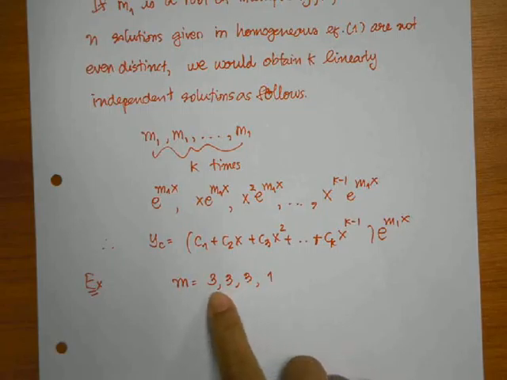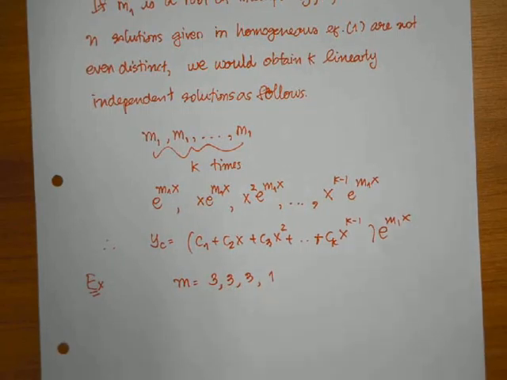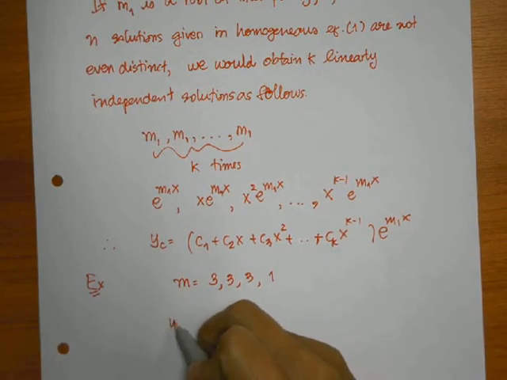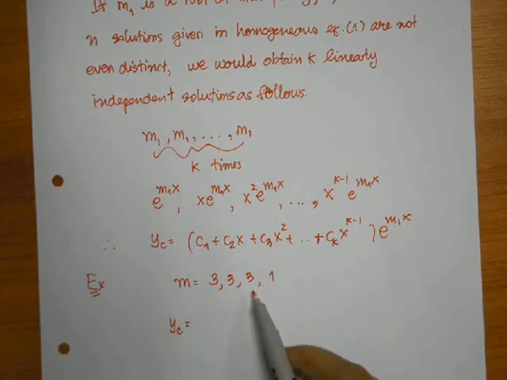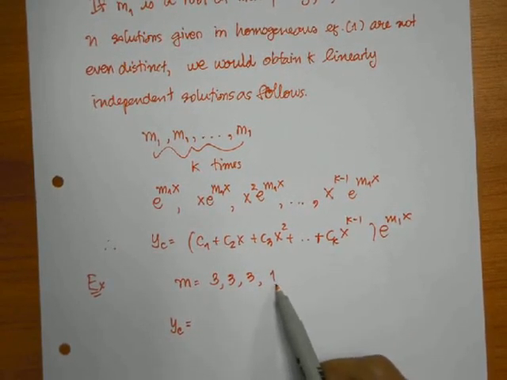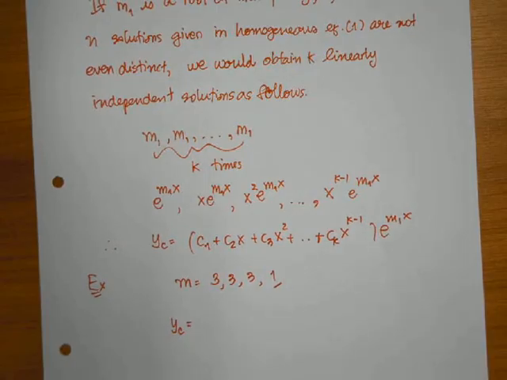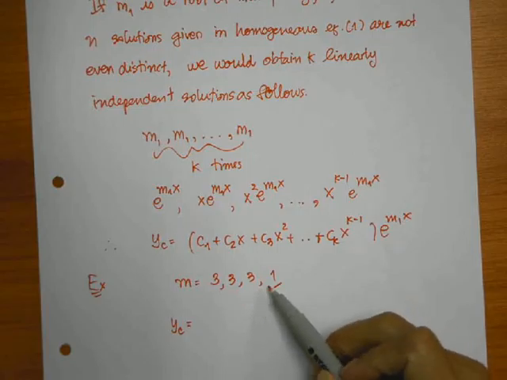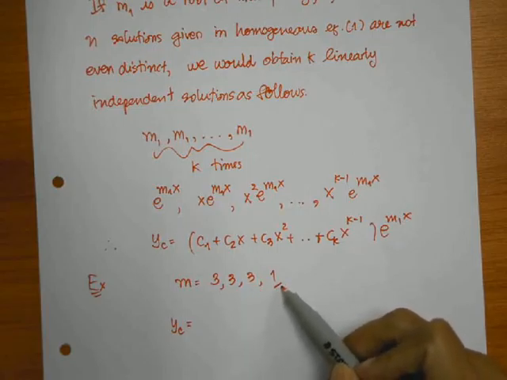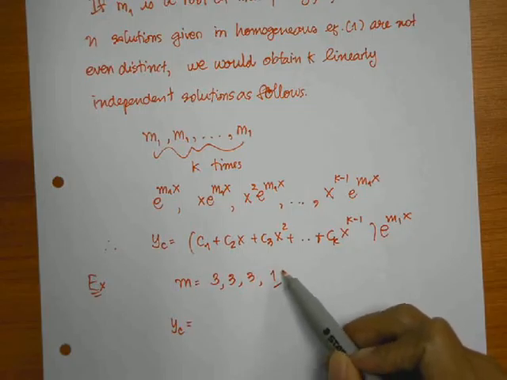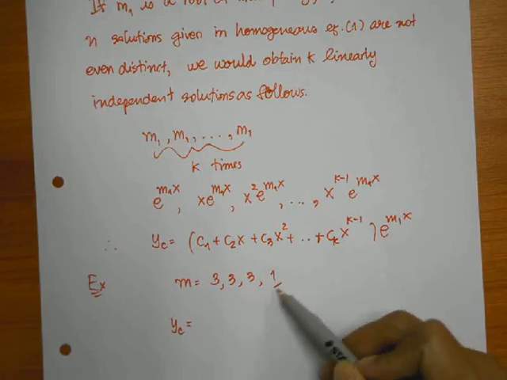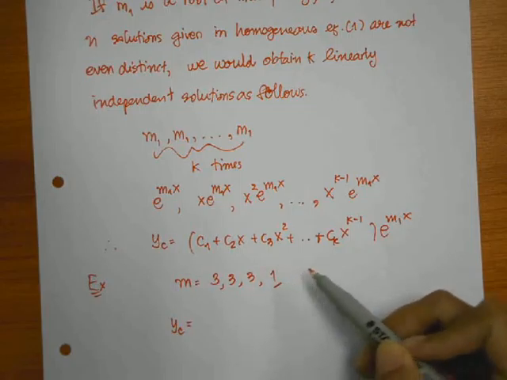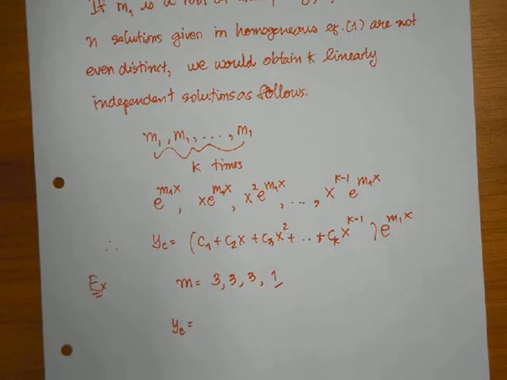So whenever you want to write down yc for this one, the root m which is equal to 1 is not the same as 3. So the root 1 is not a repeated root. So for m equal to 1, you just use case 1 to answer that.